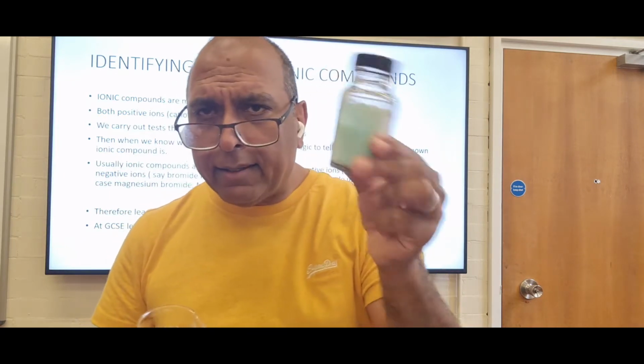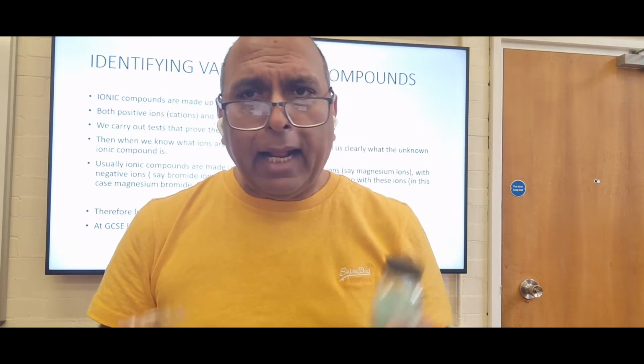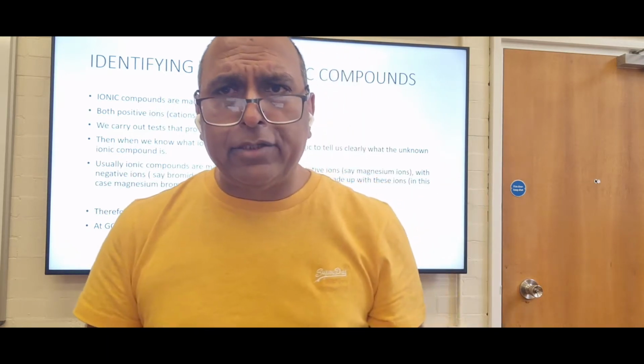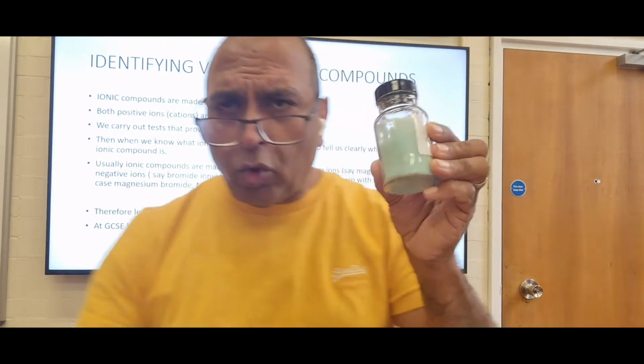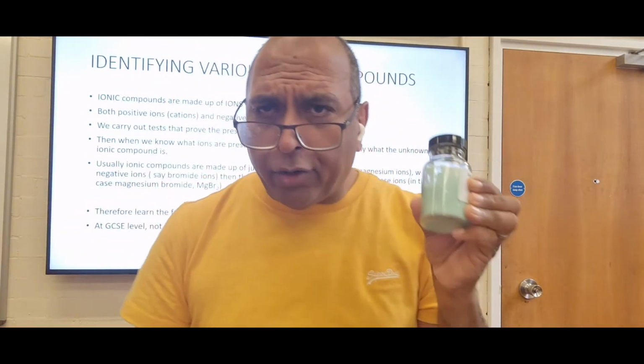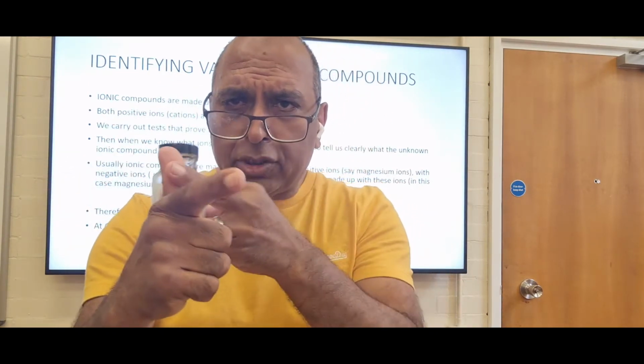It's about taking ionic compounds and finding out what they are. The basic idea that you need to understand is that the unknown, being ionic, will be made of positive ions and negative ions.